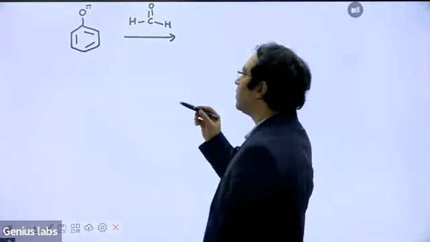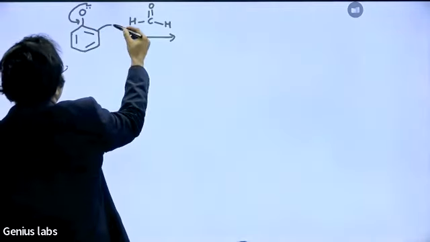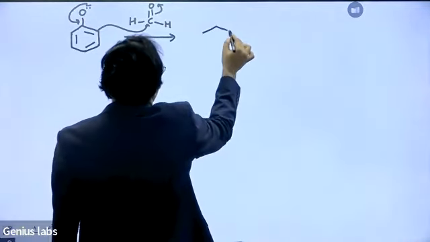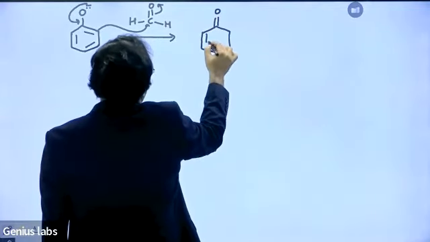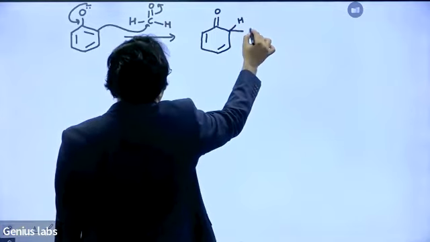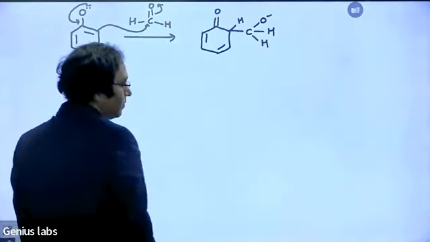What all options do we have? So same logic, this moves, this attacks, this breaks. What will it become? Double bond O. At this position, one hydrogen is there. Can I say it's same as the previous lines?